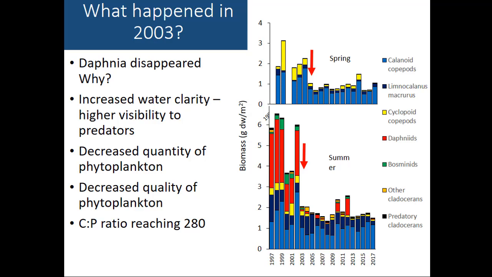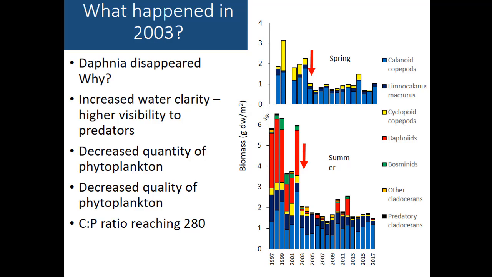And we can measure quality of phytoplankton by taking the ratio between carbon and phosphorus. The higher that ratio is, the more empty calories, so to speak, you have in carbon and less nutrients you have in the food that they eat. And we know that in Lake Superior, the C to P ratio is something around 250, 280, which is a level which affects Daphnia reproduction.